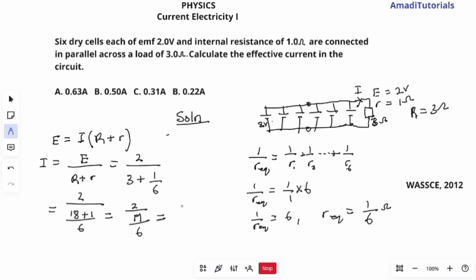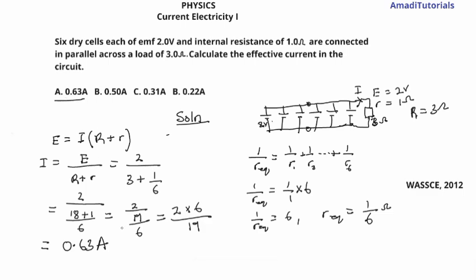So that equals 2 times 6 divided by 19, which is 0.63 amps. So the correct option is A. So the current in the circuit is 0.63 ampere.